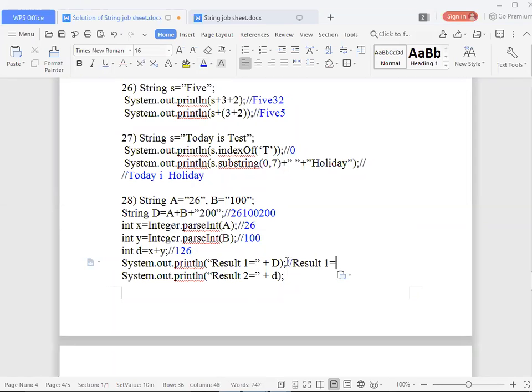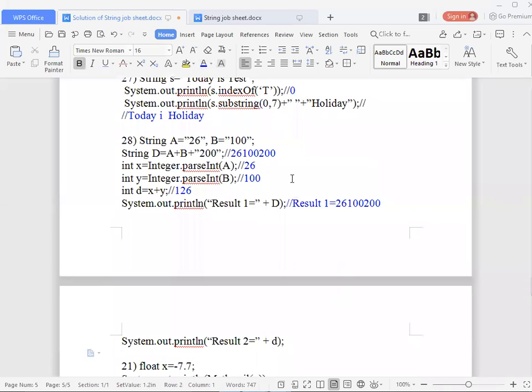So result capital D is what? 26, 100, 200. So this will be your output for the first system.out.println, and the second output, result 2 equals to, in small d, 126. This is the output.